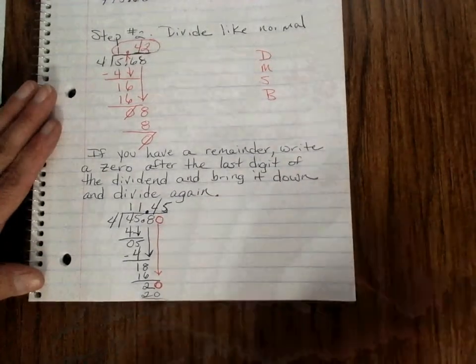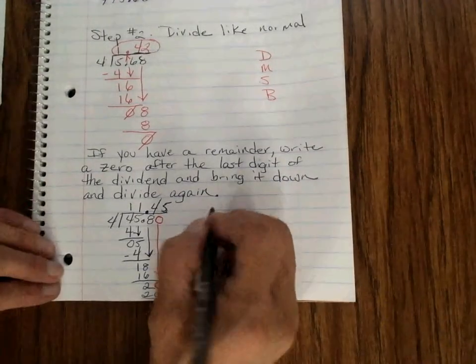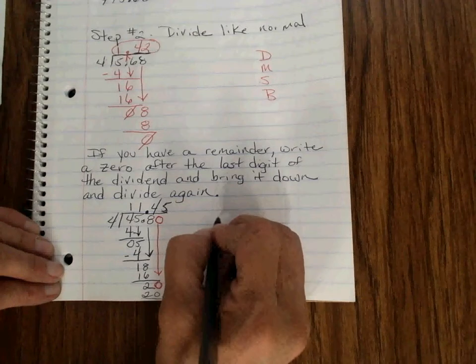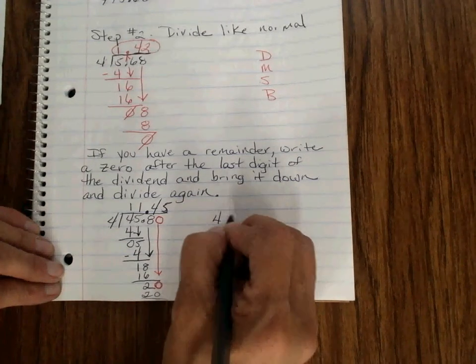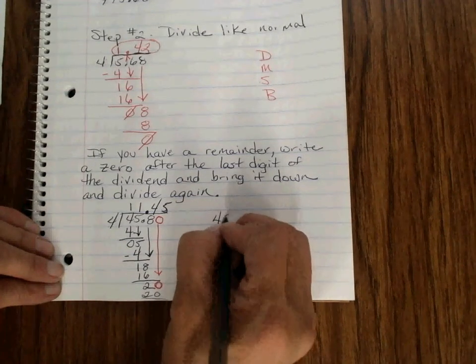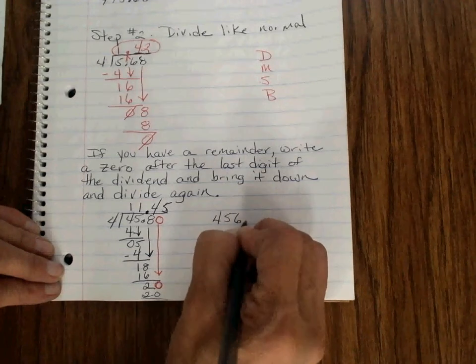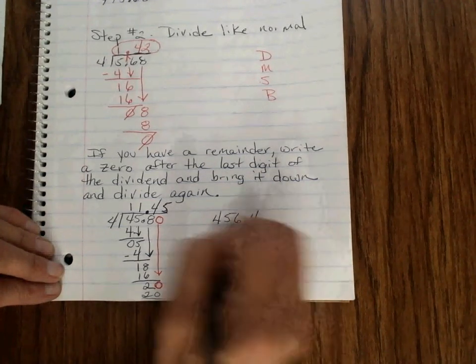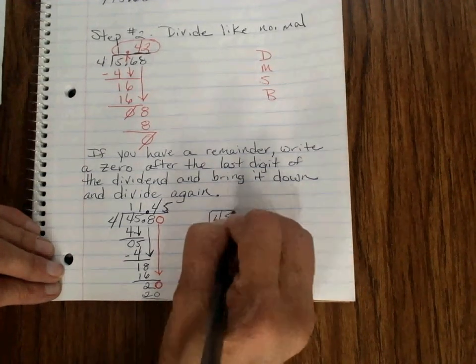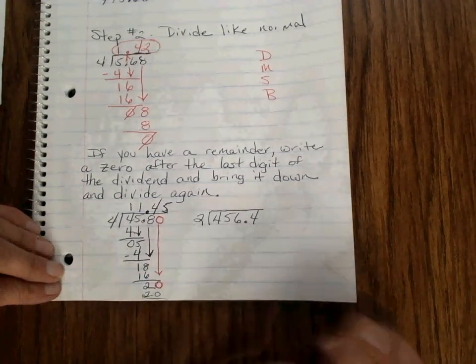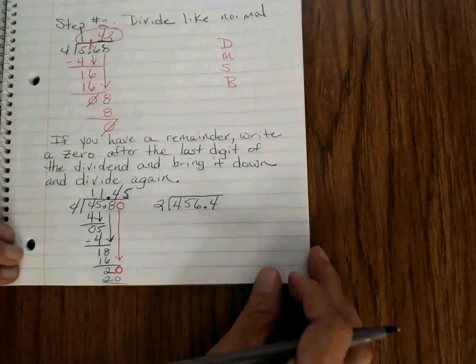And let me give you 2 practice problems. Let's divide 456 and 4/10 by 2.